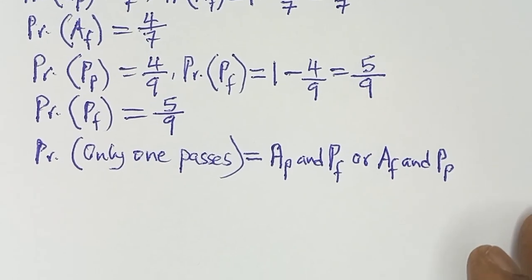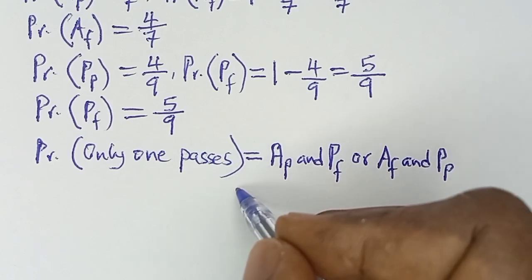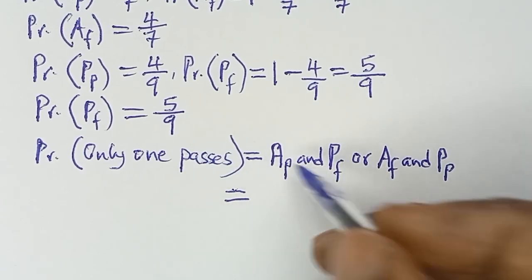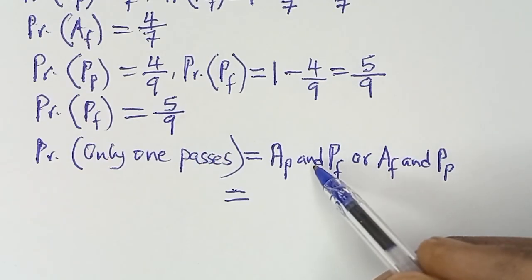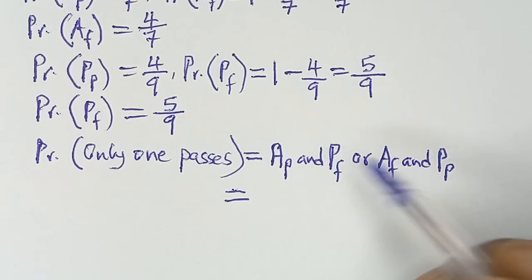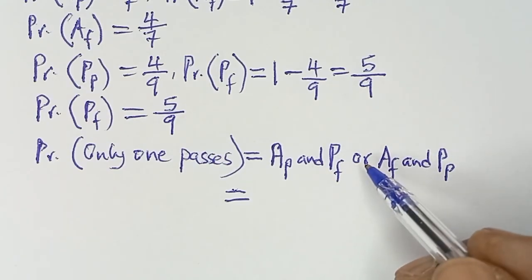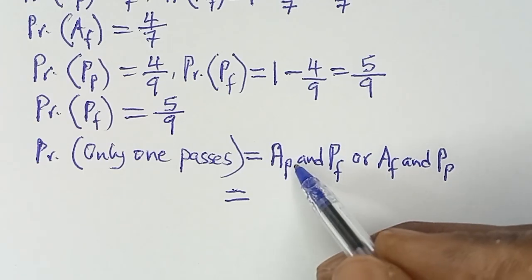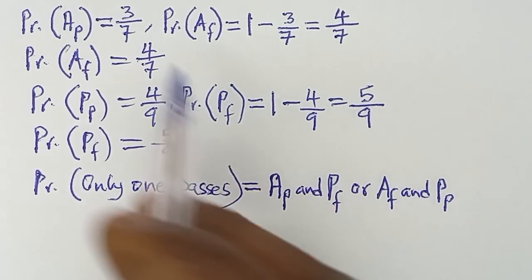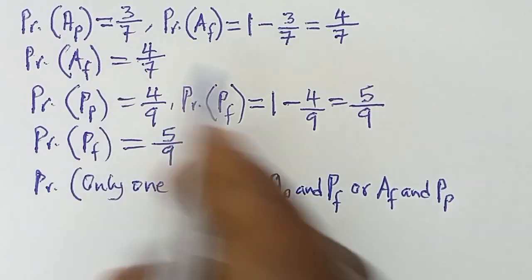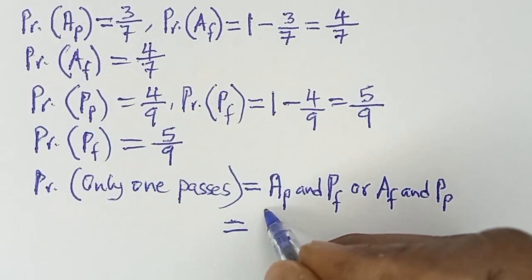So for us to solve this, we'll now apply the rule of probability. Aaron passes and Peter fails. In probability, and means multiplication, while or simply means addition. So Aaron passes is 3/7.